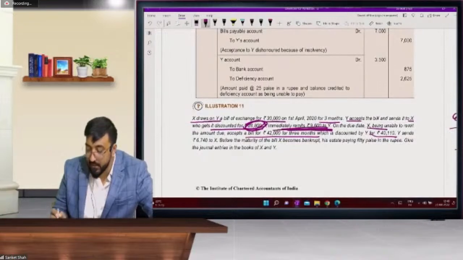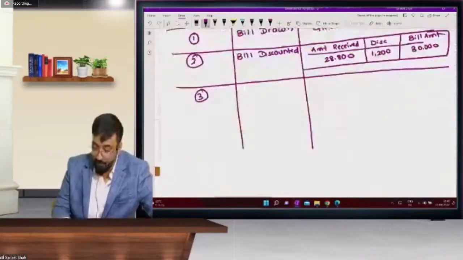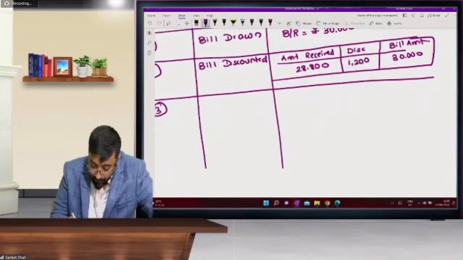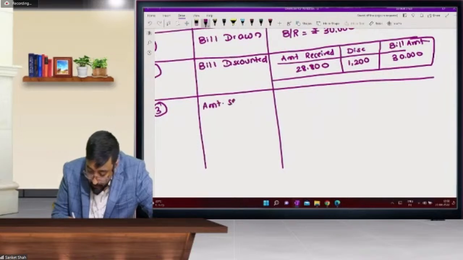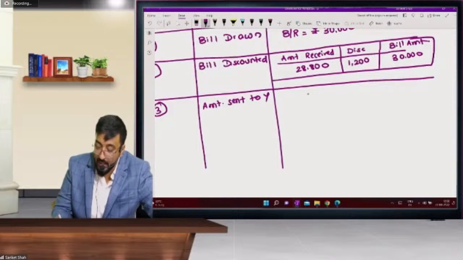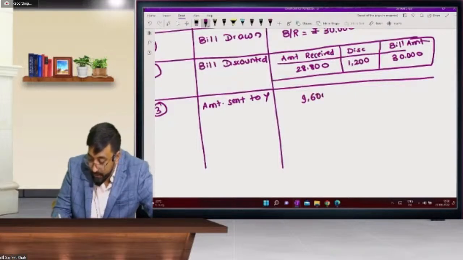Remitted 9,600 to Y. Okay. Remittance. Amount sent to Y. Now see, what is the amount that was sent? 9,600.